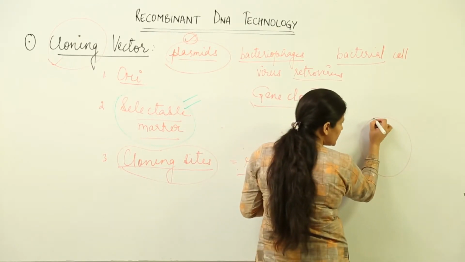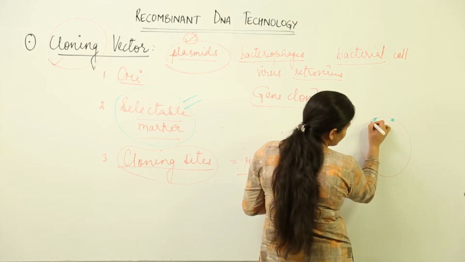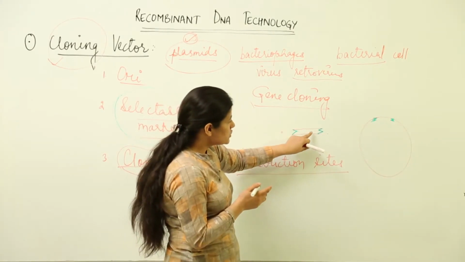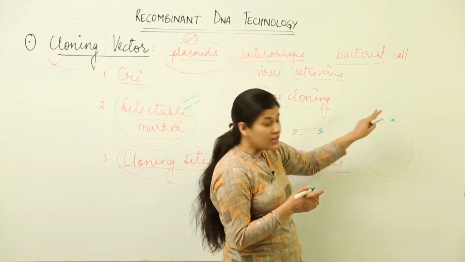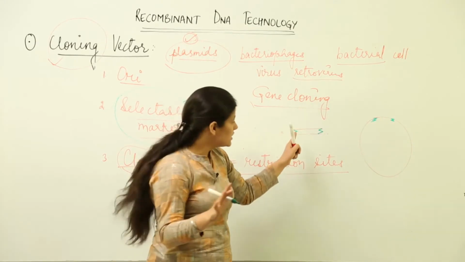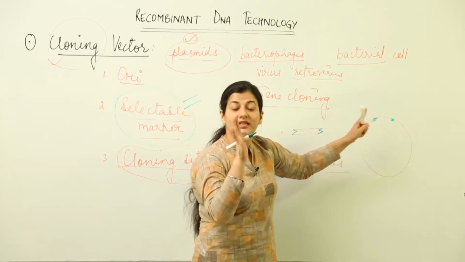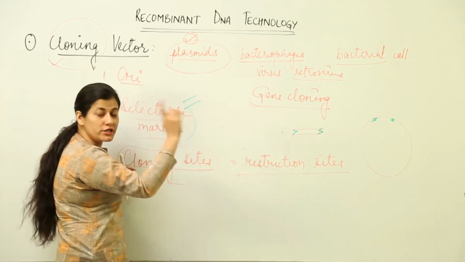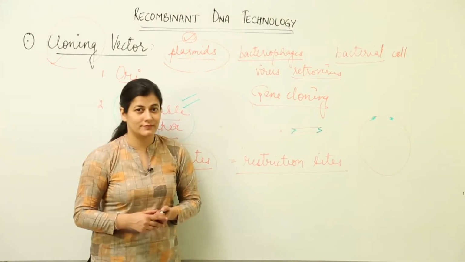So, certainly it must have a restriction site for that enzyme within itself. The plasmid must also have the restriction site, so that when this gene of interest comes and joins over here, a sticky end has been created. If there is no sticky end being produced, this gene of interest cannot go and join over here. For that, the plasmid or the vector must have the cloning site corresponding to the restriction site of the gene of interest.